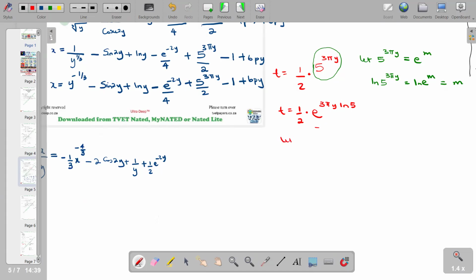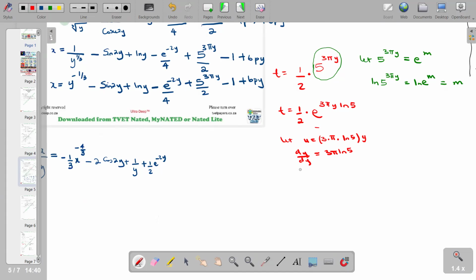Let u be equal to that exponent, which we can write as 3 times pi times ln 5 times y. So it will mean that du dy is equal to 3 pi ln 5.